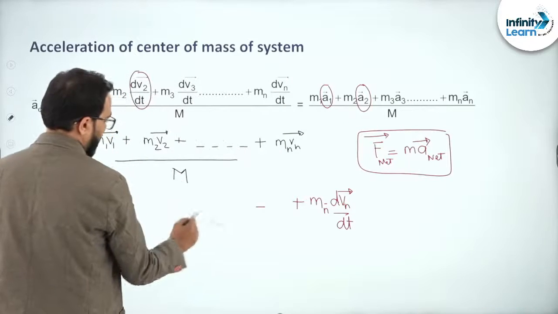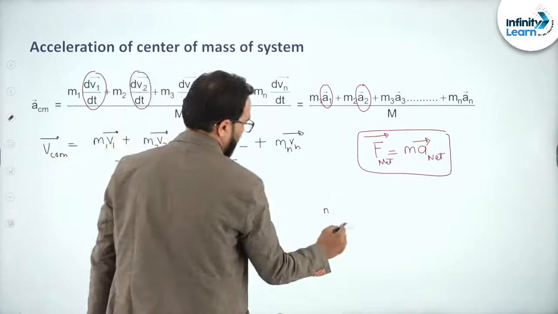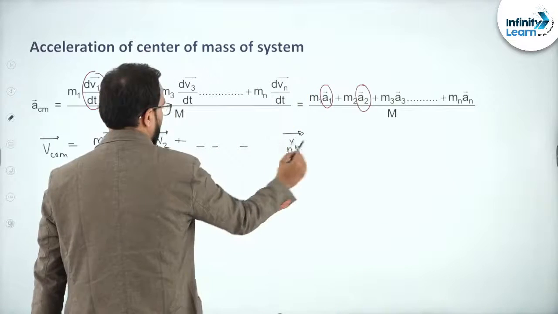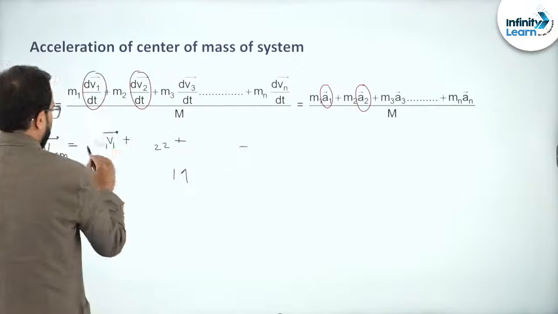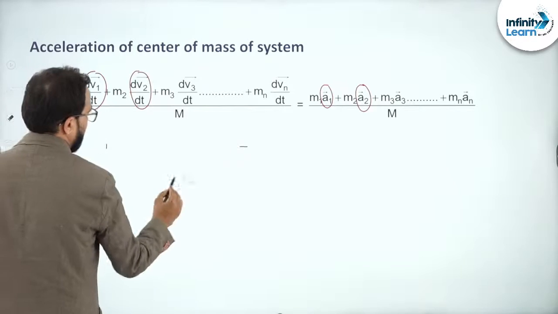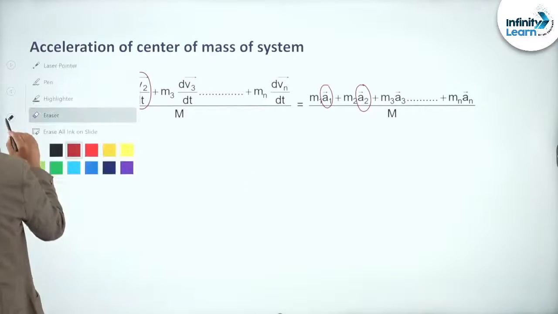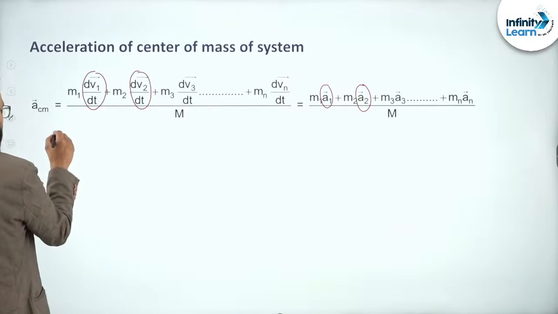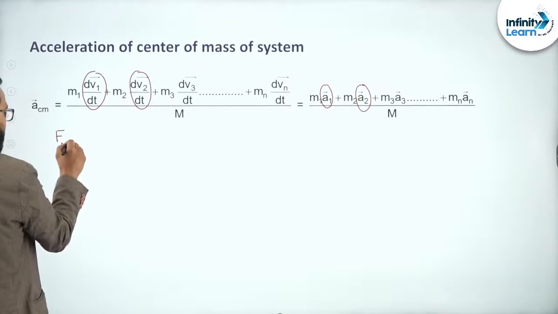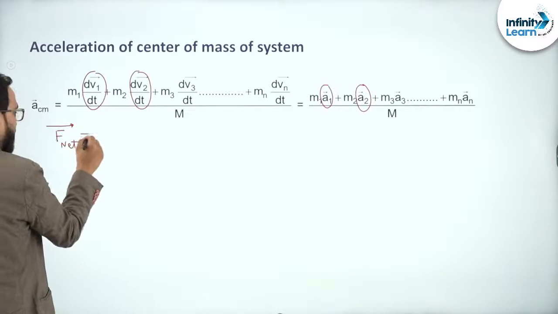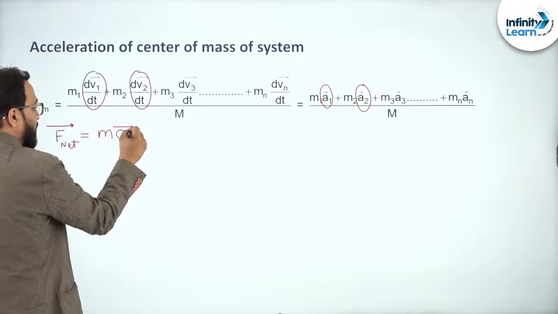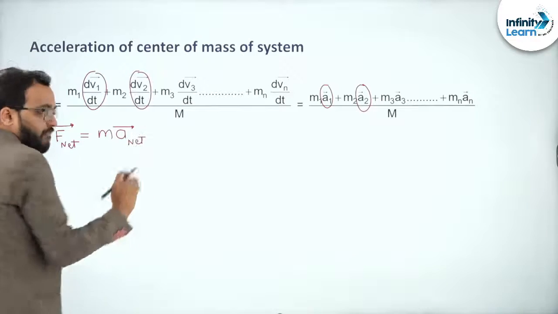Less space is here, so I will erase it and utilize it. Now let me explain what I was trying to say here. When I say F net on any particle, it is the mass of that particle times the net acceleration of the particle, right?